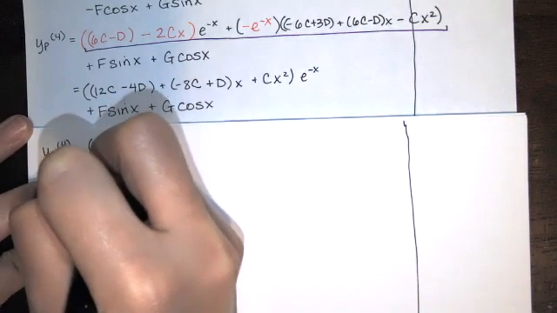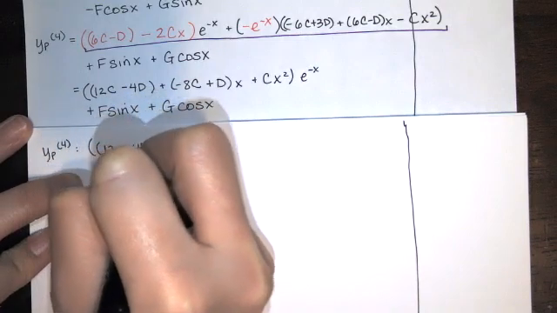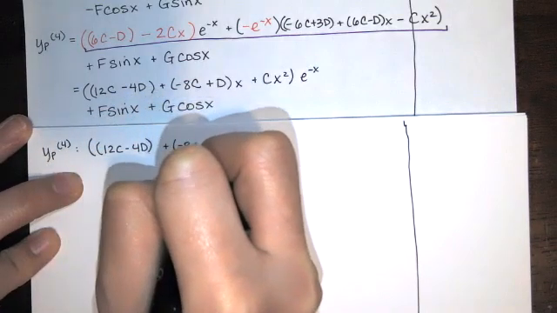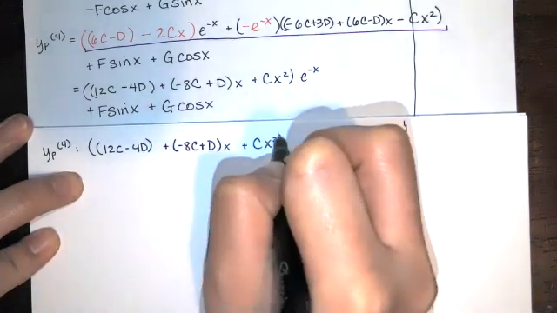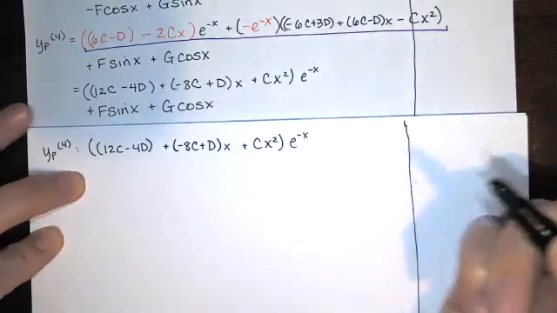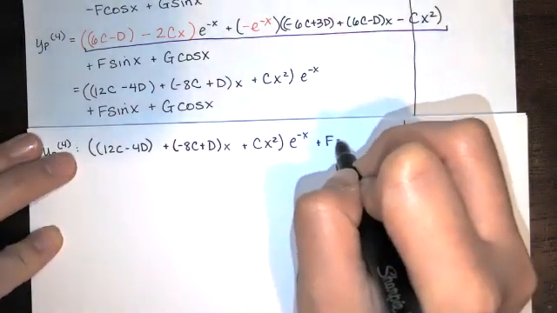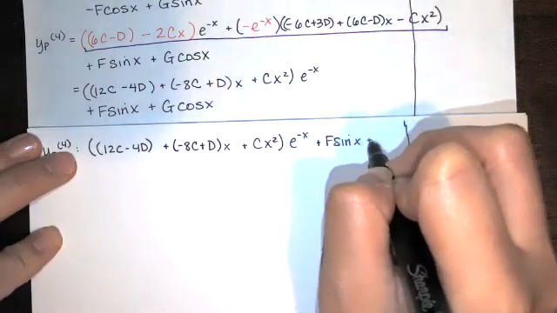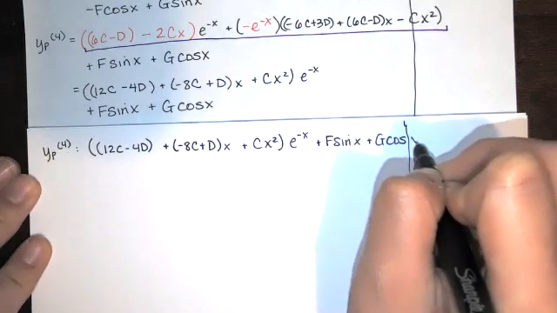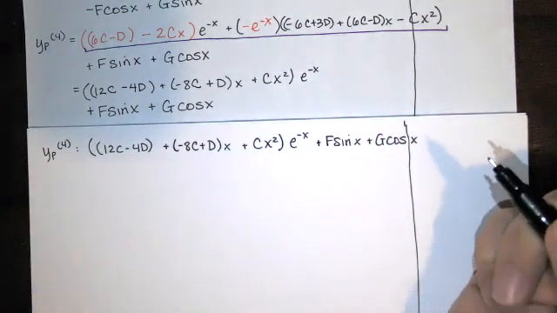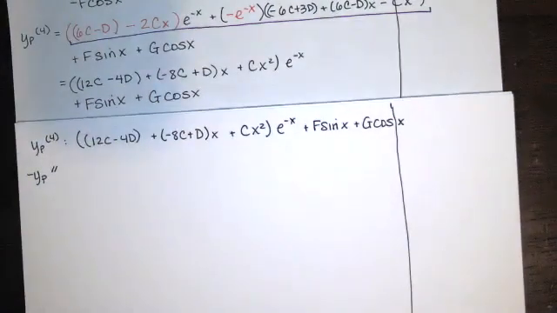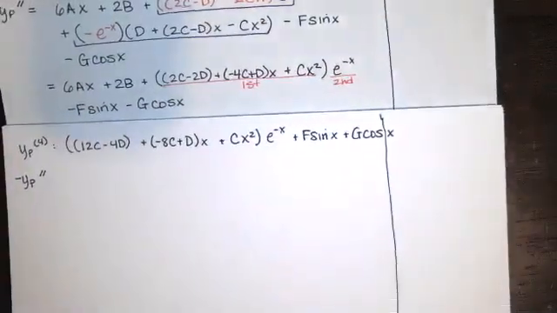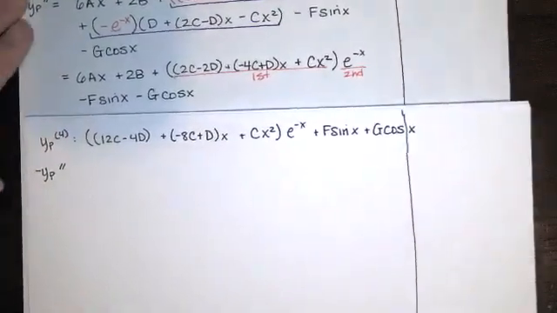So I've got this constant plus this constant times x plus a constant times x squared times the exponential plus f times sine of x plus g times cosine of x. That's my fourth derivative.